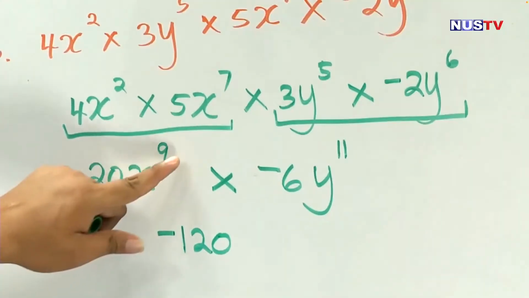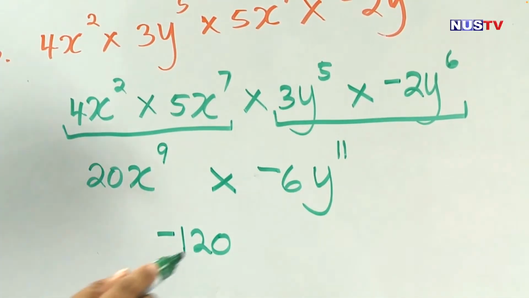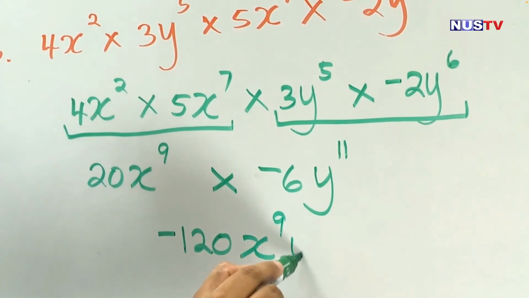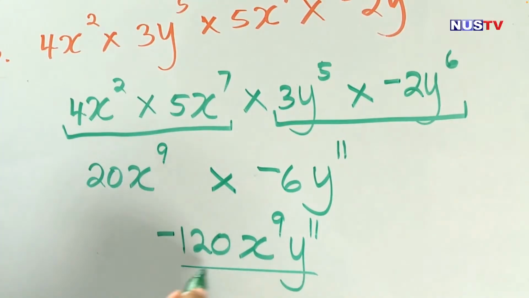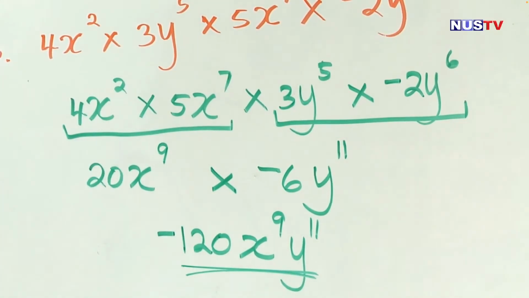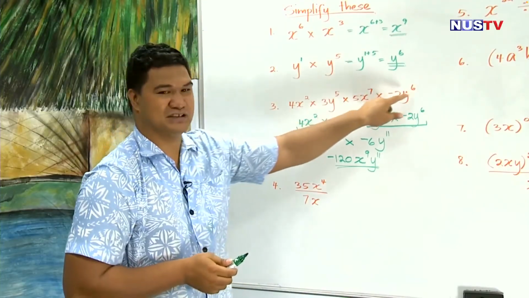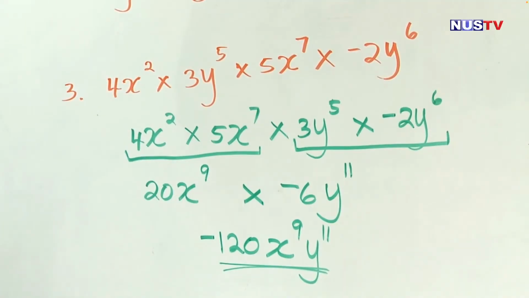And x to the power of 9 multiplied by y to the power of 11 will remain the same, x to the power of 9, y to the power of 11. And that is our final answer. So you can see we have a long stream of variables here, but our simplified answer ends up as negative 120 x to the power of 9, y to the power of 11.